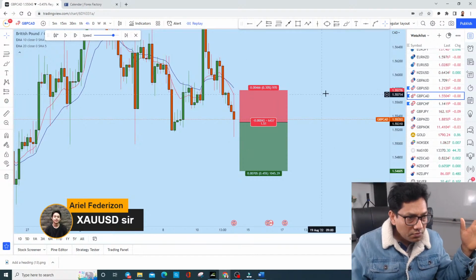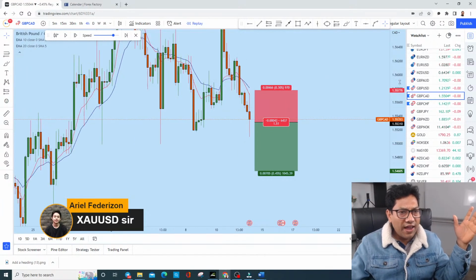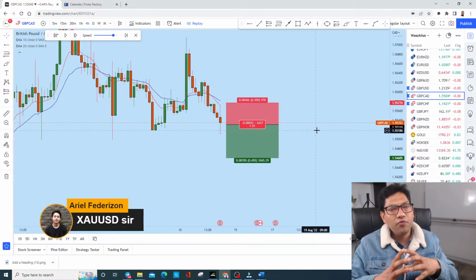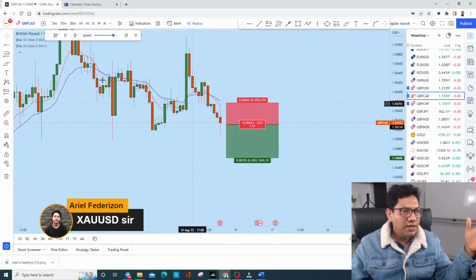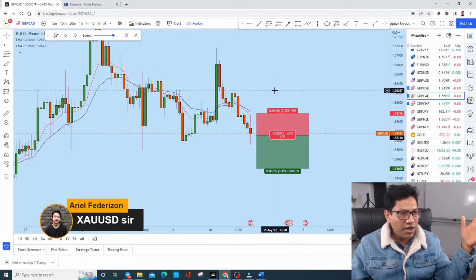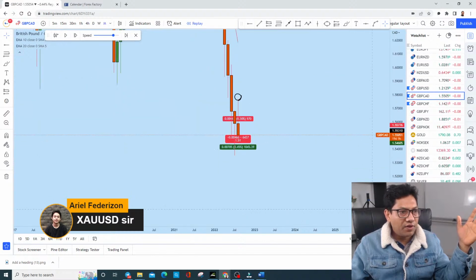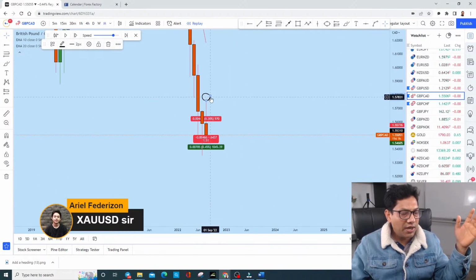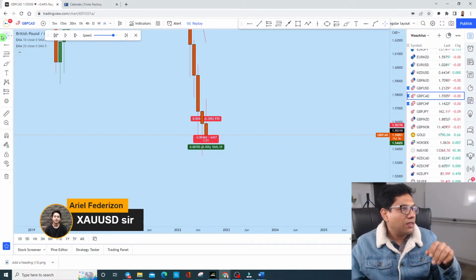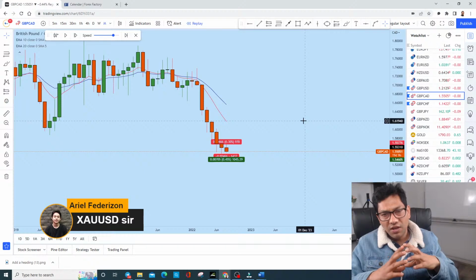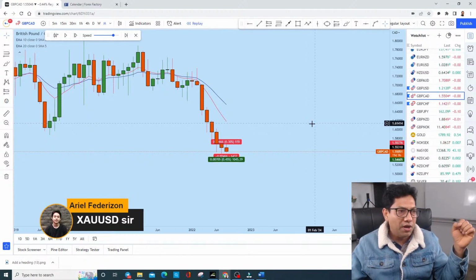So now let me tell you why I have taken this trade. I can't reveal the strategy fully, to be honest, because it's a premium strategy, but I can tell you the reason behind the trade. If you look at the monthly price section, you can see that GBPCAD over the long term is in very strong bearish price action, guys.